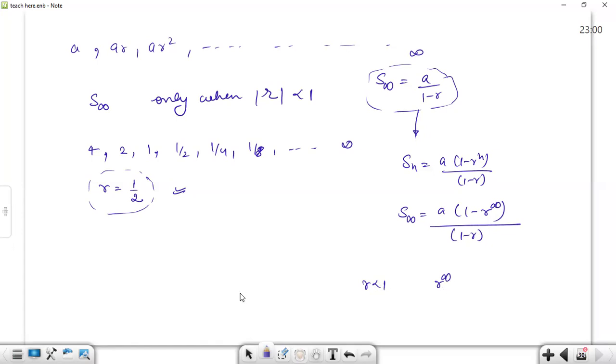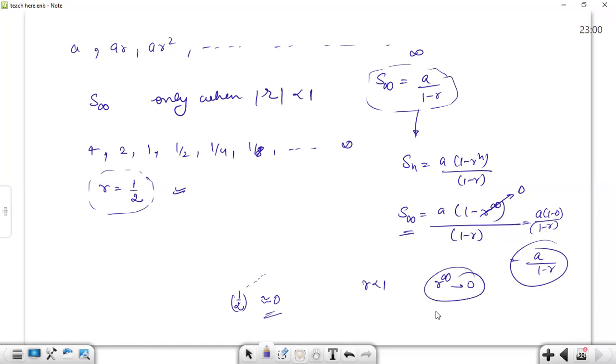If something is like 1 by 2 and we raise its power to a very big number, it will approximately become 0, right? So we have assumed that its value is 0, and a into 1 minus 0 upon 1 minus r becomes a upon 1 minus r. That's how we have written the sum of infinite terms. r raised to power infinity will tend to 0 only when r is less than 1.